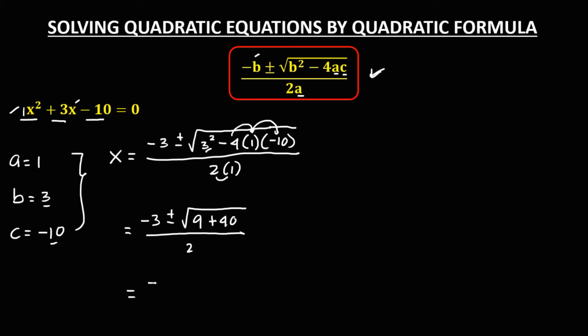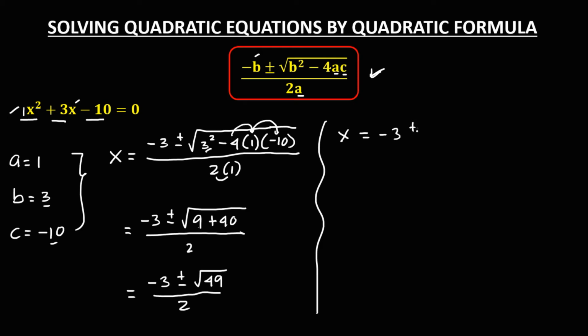Then simplify: negative 3 plus minus the square root of 9 plus 40, that's 49, then over 2. Now x equals negative 3 plus minus the square root of 49, that's 7, then over 2.